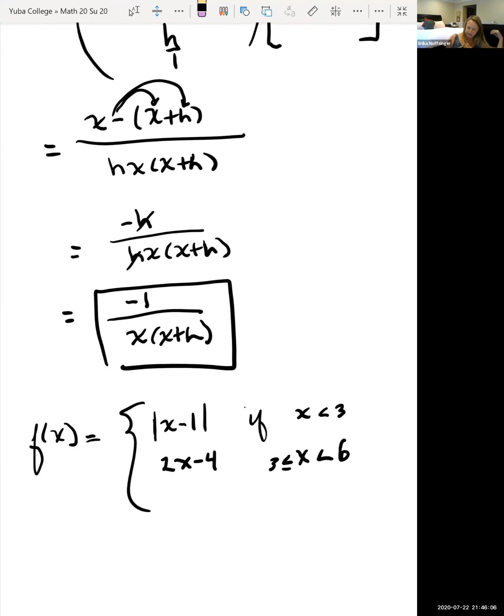And let's say f of x is equal to -5 if x is greater than or equal to 6.